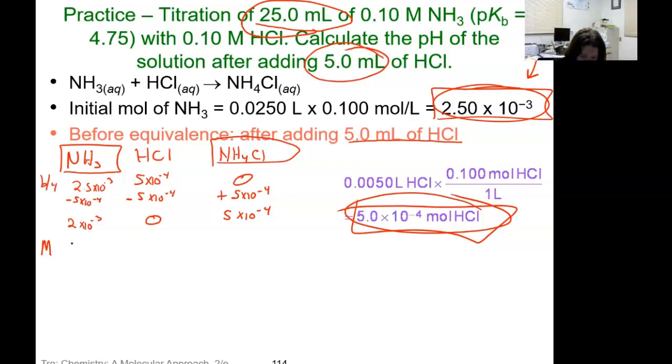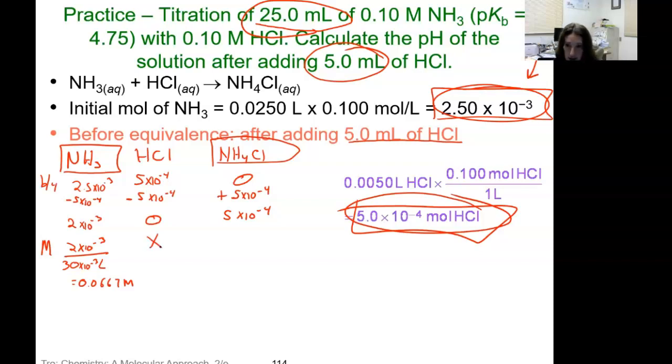So this molarity is going to be 2 times 10 to the minus 3 over 30 times 10 to the minus 3 liters. That's just how I go to liters easy. I just multiply it by 10 to the 3. However that makes you happy is fine. So that gives us 0.0667 molar. This one doesn't matter.